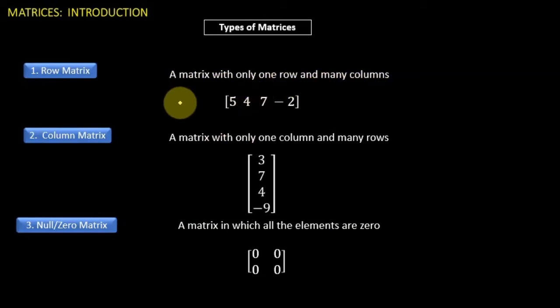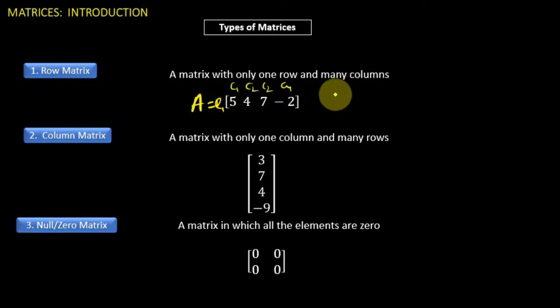Suppose I am naming this matrix as A. How many rows are there? One row, but columns are C1, C2, C3, C4. 4 columns are there, but only one row. So such type of matrix is called row matrix.